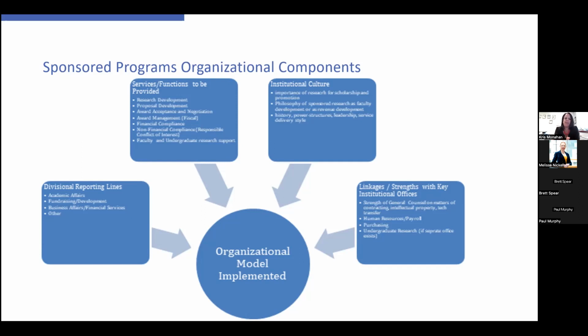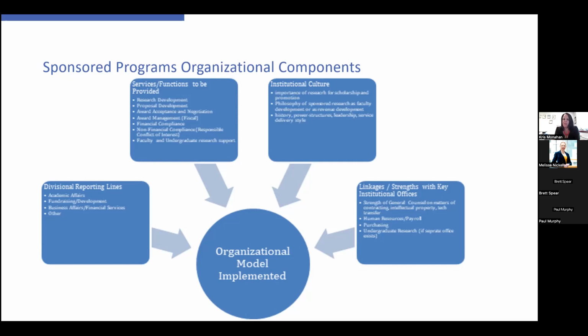But I've seen many institutions that have started it there, many small liberal arts schools, that will then maybe migrate it over time to academic affairs, where they see it more as a faculty development function rather than a fundraising function. So again, thinking about how do you see grants and sponsored programs? How do you see faculty research? That should impact where you place its support.